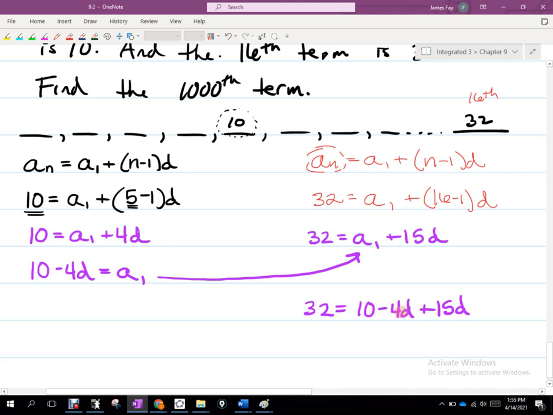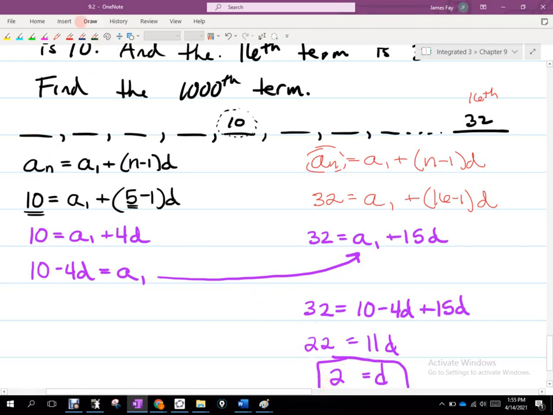So if I go 32 minus the 10 gives me 22, right? And this is going to give me 11 d's, correct? So what would d equal then? d was 2. So d represents my common difference, right?